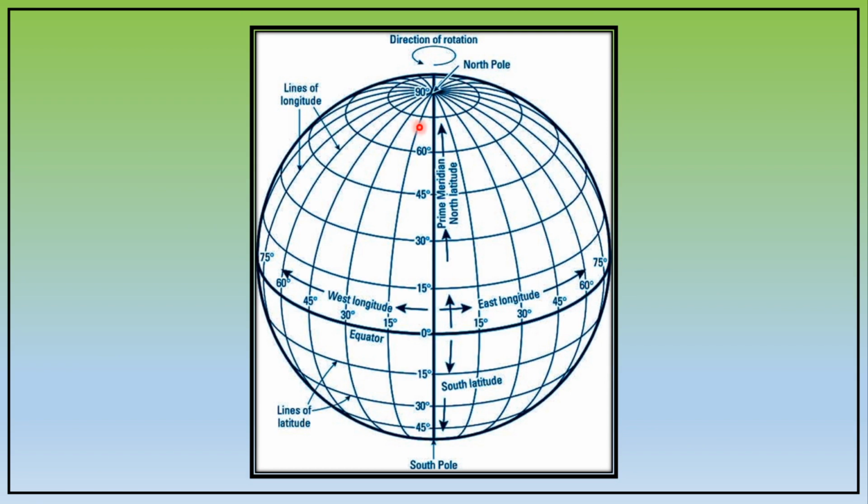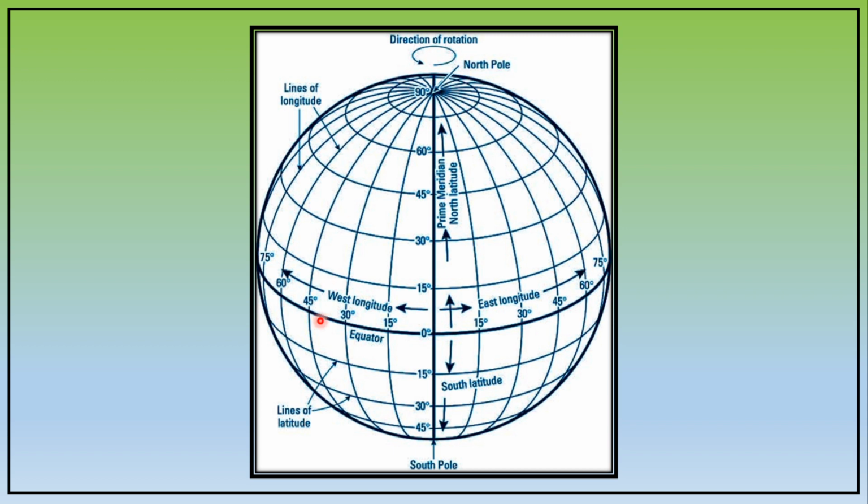So we can see over here that latitudes are all parallel. The equator is at 0 degree. We will learn more about it in the later part of the lesson. So the equator is at 0 degree and it is parallel to all the other latitudes as one goes from the equator towards the poles, while the longitudes are all intersecting at the poles.